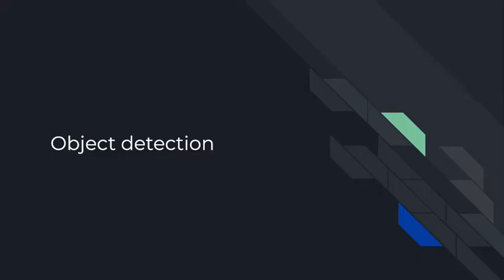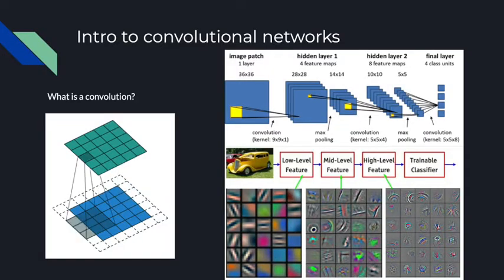Next slide. So now I'll go deeper into detail for object detection. I guess assuming very minimal knowledge about convolutions, we use convolutional networks a lot in our perception algorithms. First of all, what is a convolution? The convolution is the idea of using a kernel.